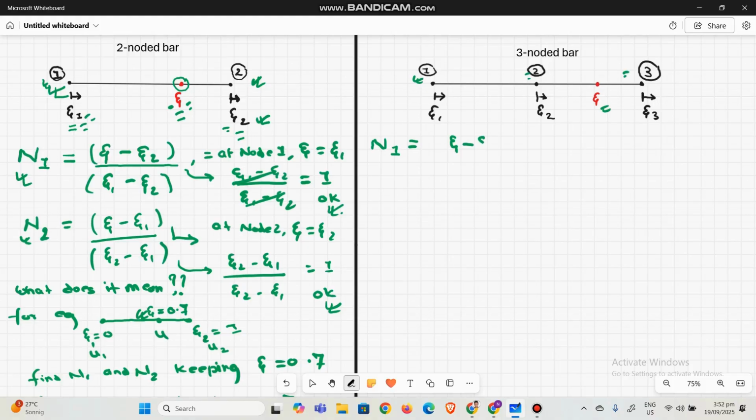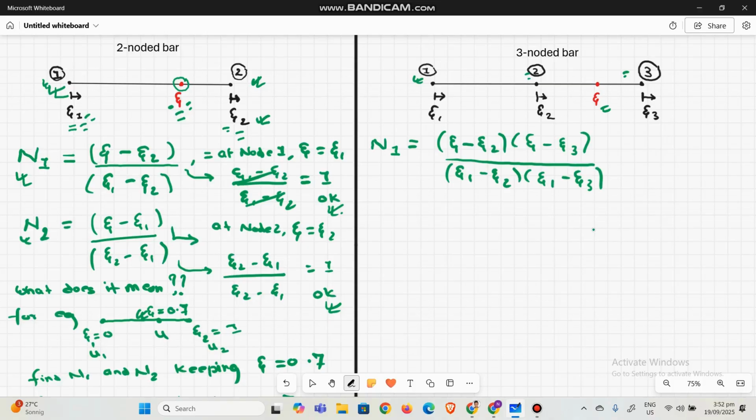So xi minus xi2, multiplied by xi minus xi3. Now you are doing it for n1, so you just put here xi1 minus xi2, and here xi1 minus xi3.